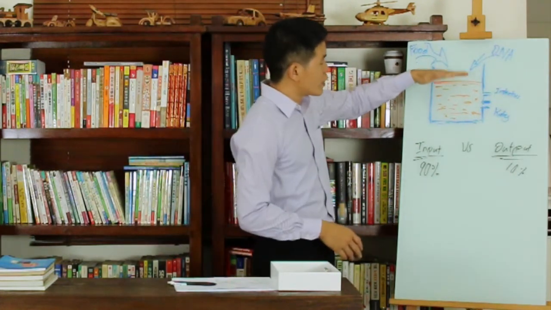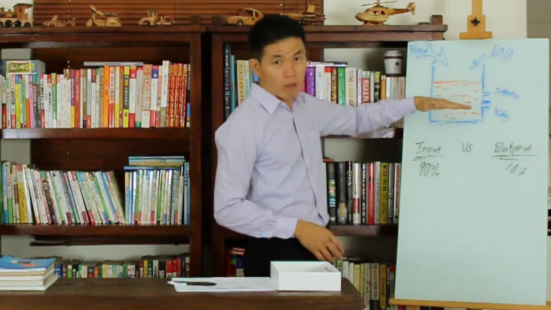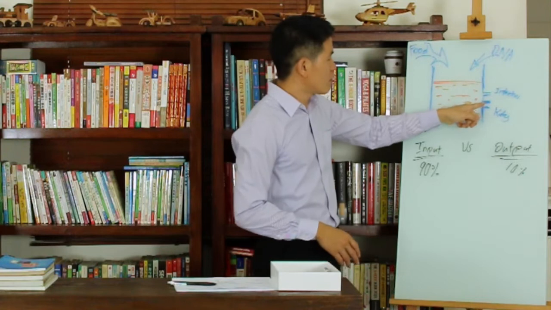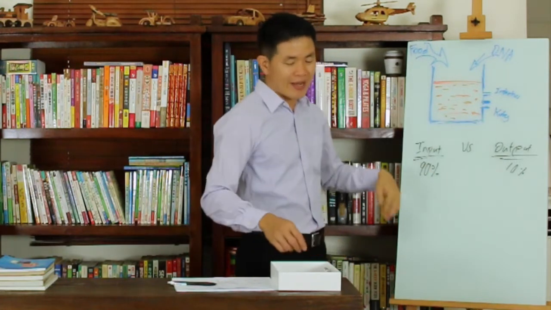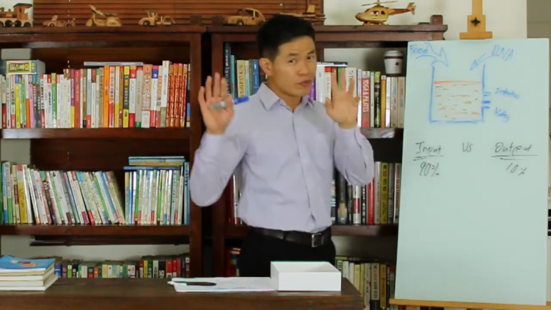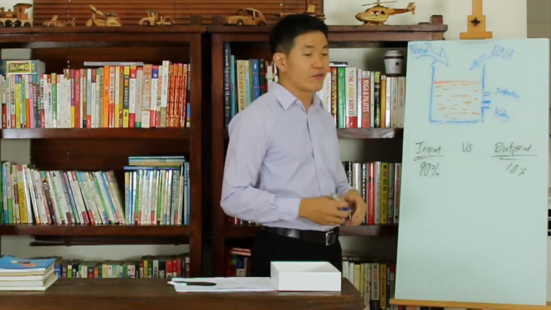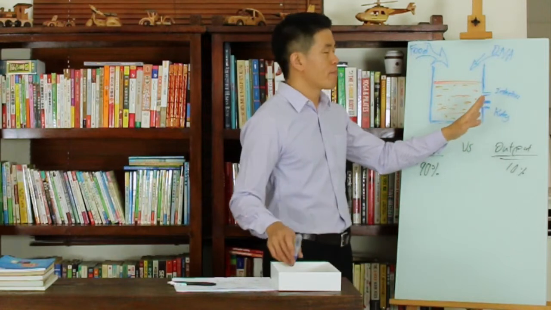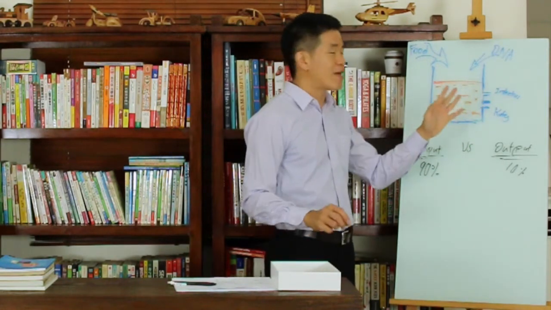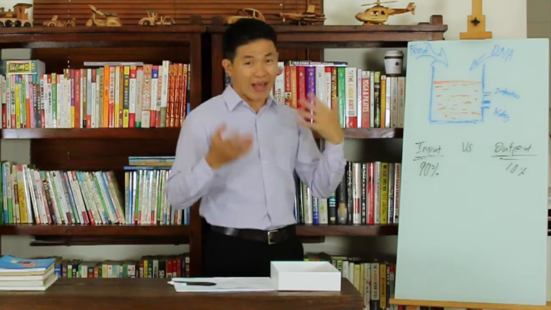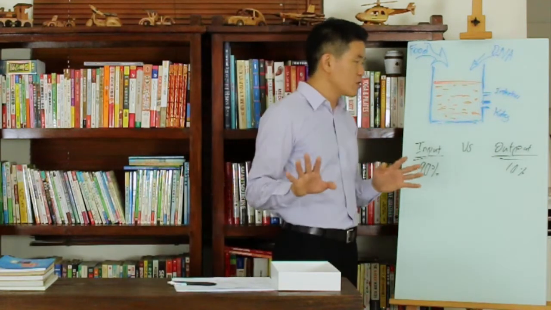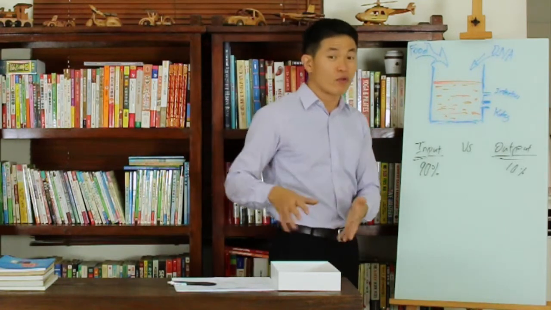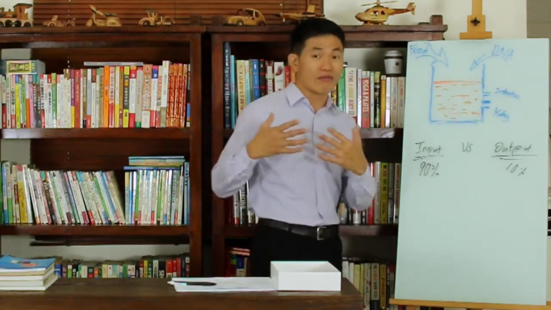Your objective is to keep the uric acid level low, either by reducing the input or improving the output. As you can see, output contributes only 10% of the factor of having gout, so generally it's negligible and not the main cause. For a healthy person, as long as your liver and kidney work well, you can get rid of the uric acid effectively.